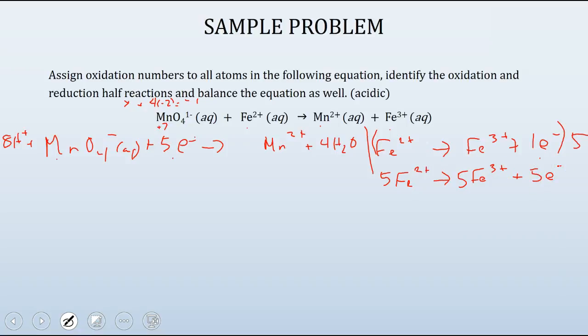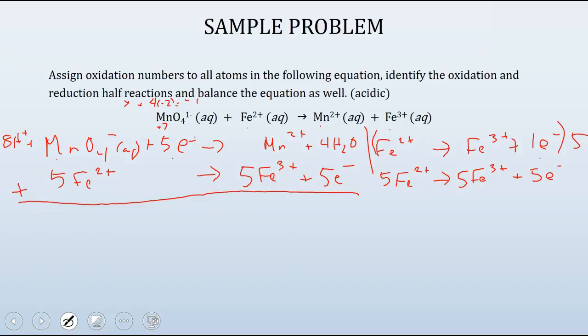The reason I want to do that is because now I'm going to add these 2 reactions together. So the electrons cancel out because there's 5 on each side. I did that on purpose. And then I'm going to add it all up.